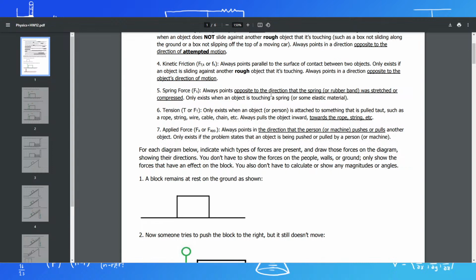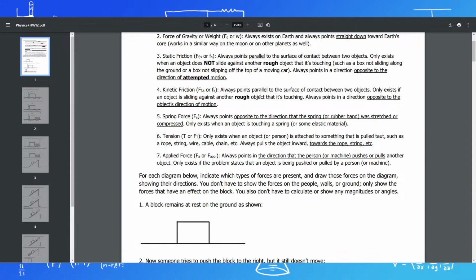Okay, number 4, kinetic friction, the other type of friction. This I represent as force and then lowercase f, comma, lowercase k for kinetic friction. Or you can just go with a lowercase f sub k. That also works.